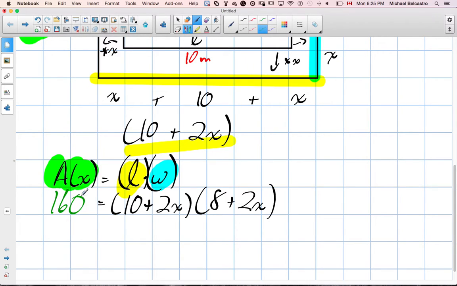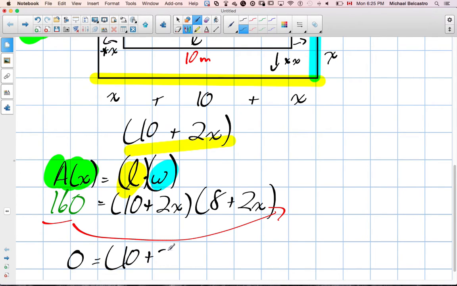That way we can find, if we were to graph this type of equation, what the x-intercepts are. So we need to move 160 over to the other side of the equation. When we do that, the left side will now equal 0, and the right side will be 10 plus 2x times 8 plus 2x, subtract 160.